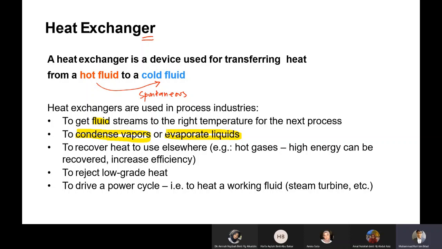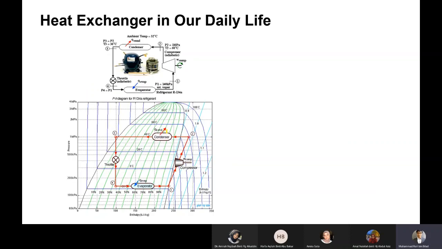Okay, let's run. So from the previous chapter, we learned about refrigeration, and one of the example slides I use is this one. In refrigeration, actually, we have heat exchangers.